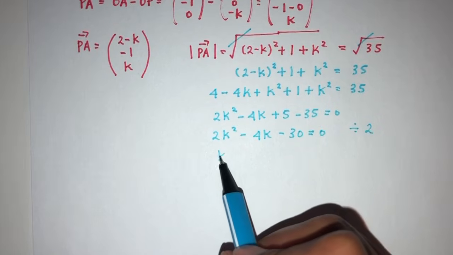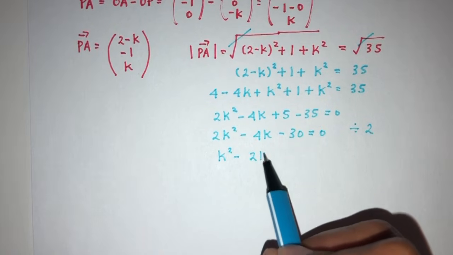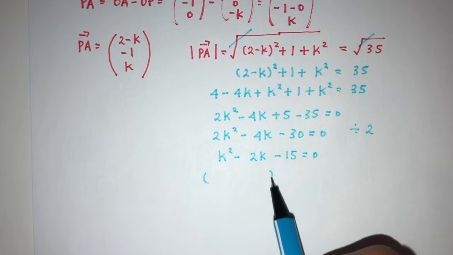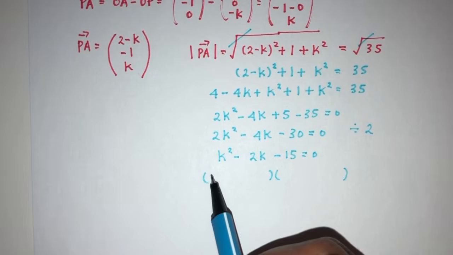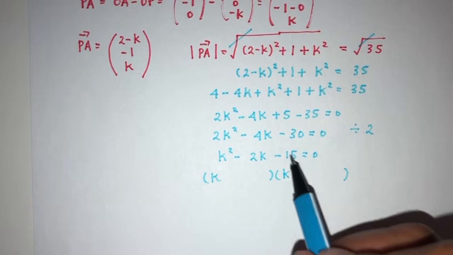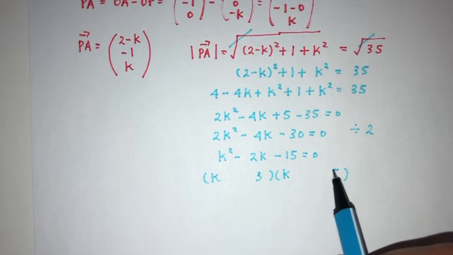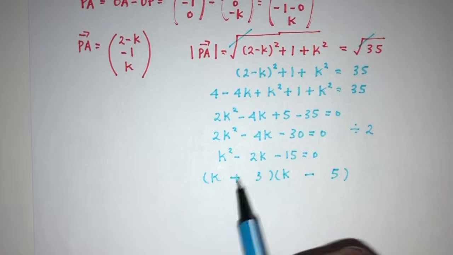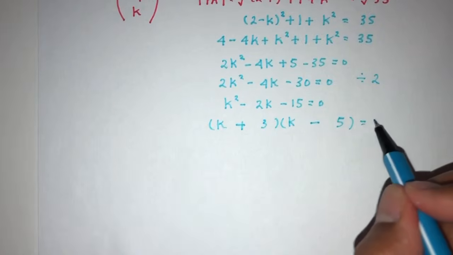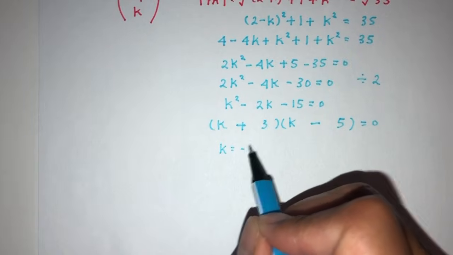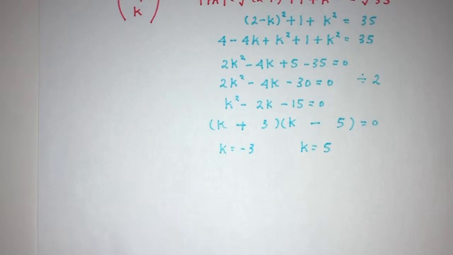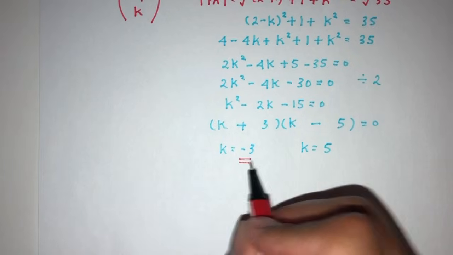That will be K squared minus 2K minus 15 equals 0. Now we can factorize this. That will be K times K. 15 is 3 times 5. To get minus 2, we have to have minus 5 plus 3. Finally, K can be the value of minus 3, and K can be the value of 5. So we have two possible values of K, minus 3 and 5.